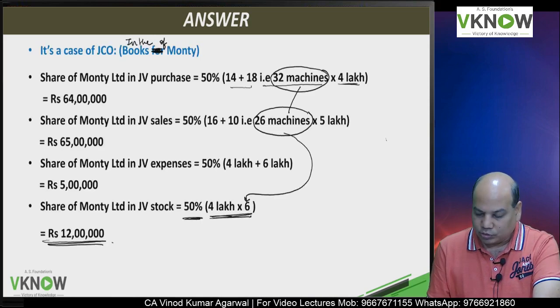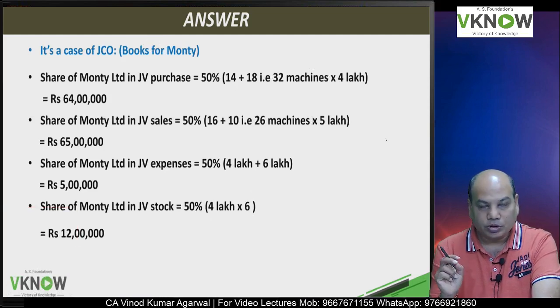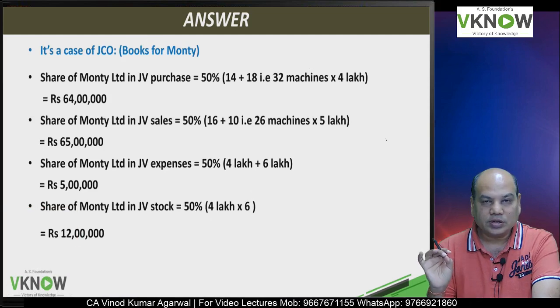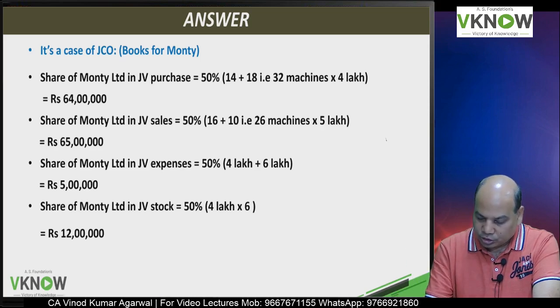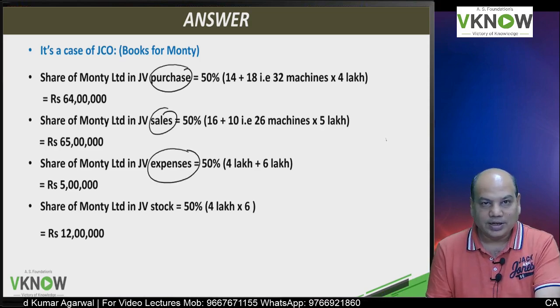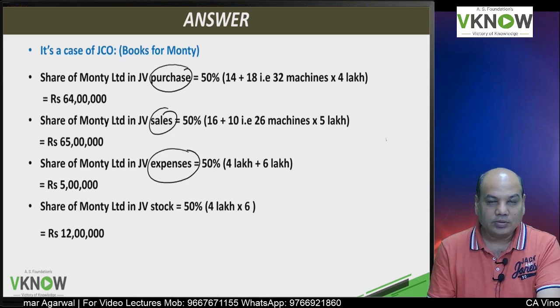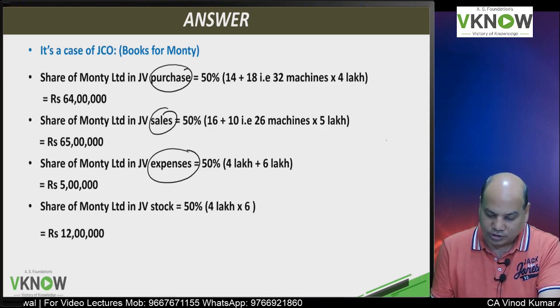Now the question is, what entry would Monty Limited pass in its books for recording transactions relating to the jointly controlled operation. So they are going to record purchase, sale, expense. They are going to eliminate suspense account. Any difference is receivable or payable to the other venturer.